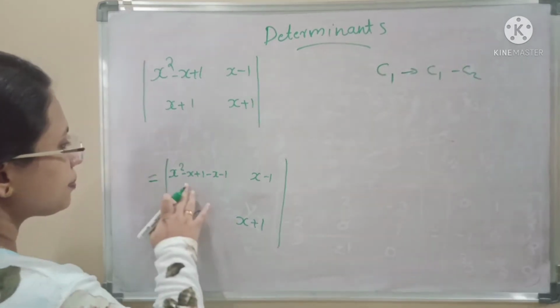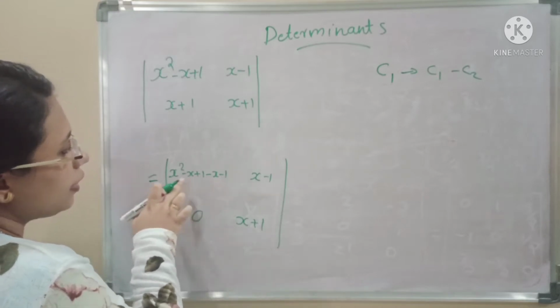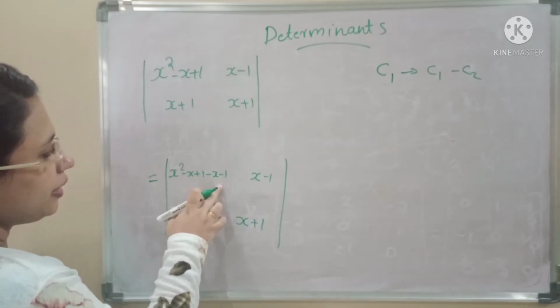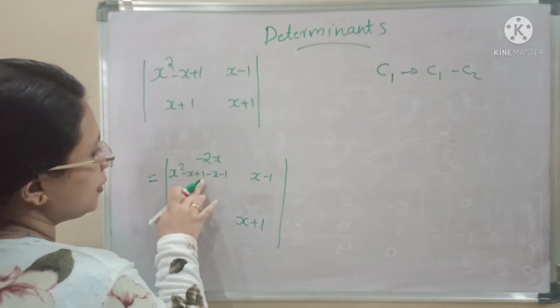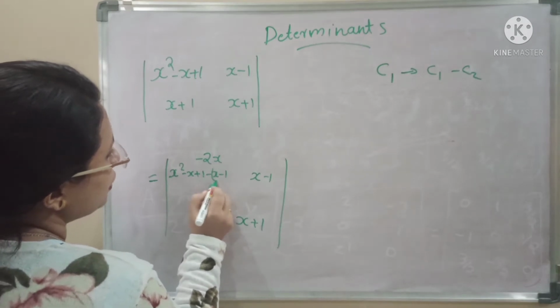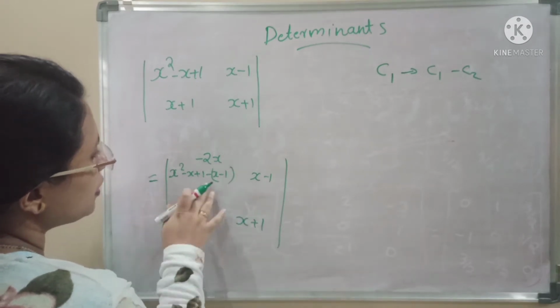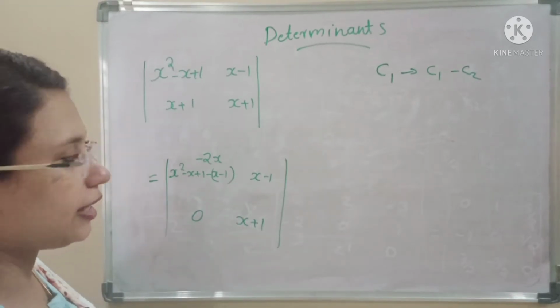So here x square and 2x is there, minus x will be minus 2x, right? And there will be a bracket, because this negative is applicable to both the elements.